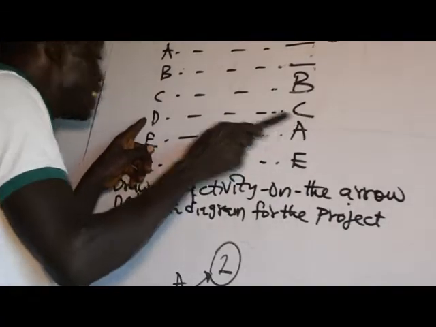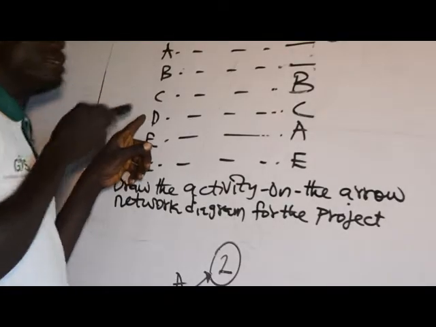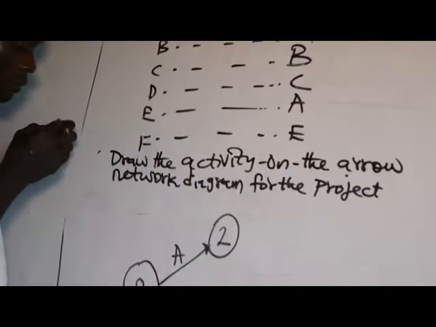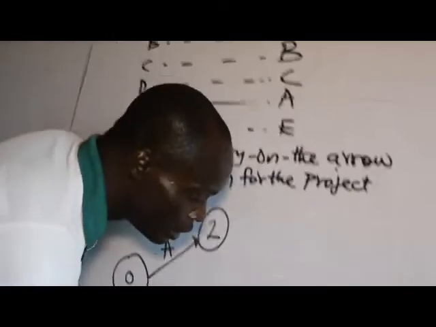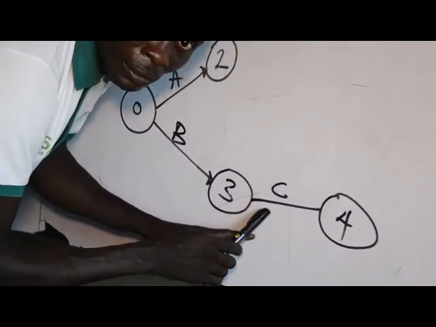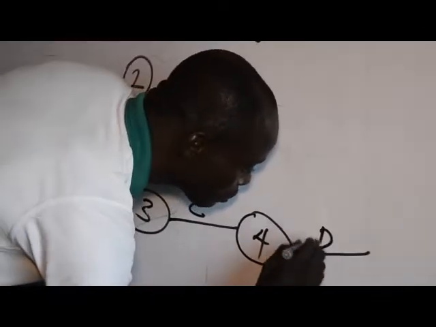That means C is an offshoot of activity D. So now from C we have D. Now where is our C? This is C. Then we have D coming up from that.